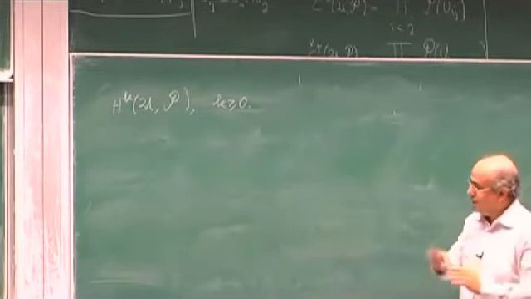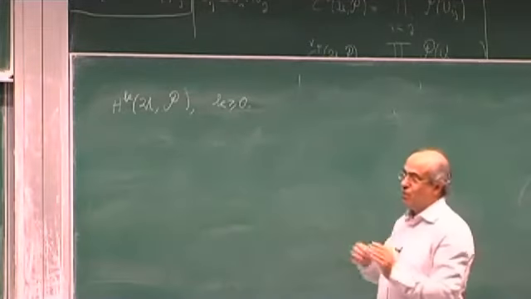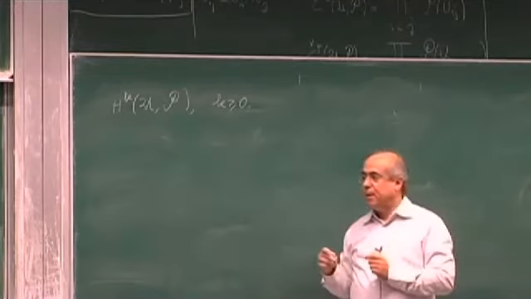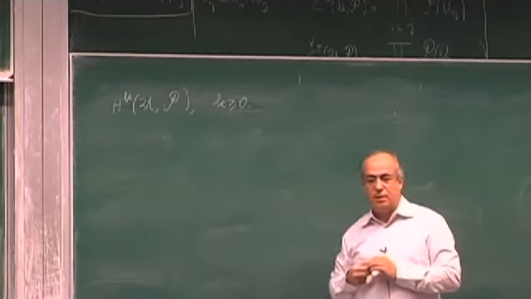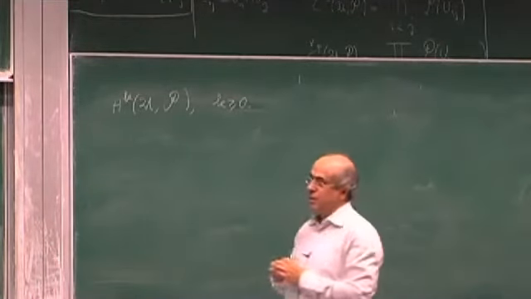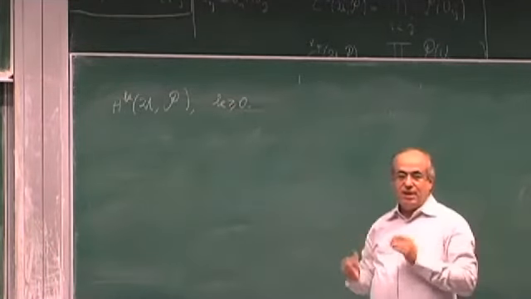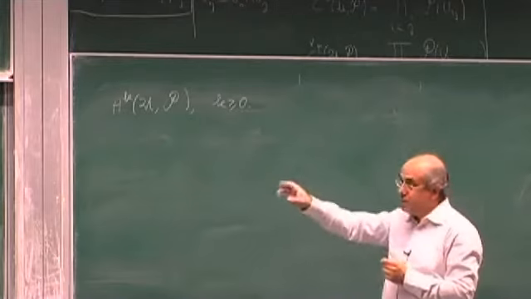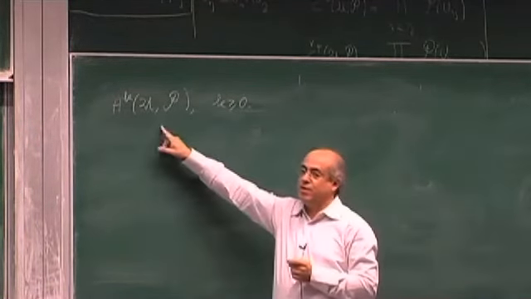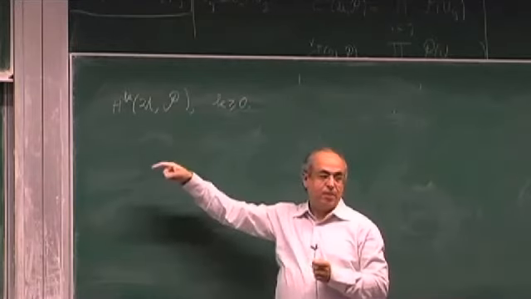Then one has a rather tricky situation. There's a general procedure in homological algebra where you can consider a limit of these groups when you take open covers that are finer and finer.